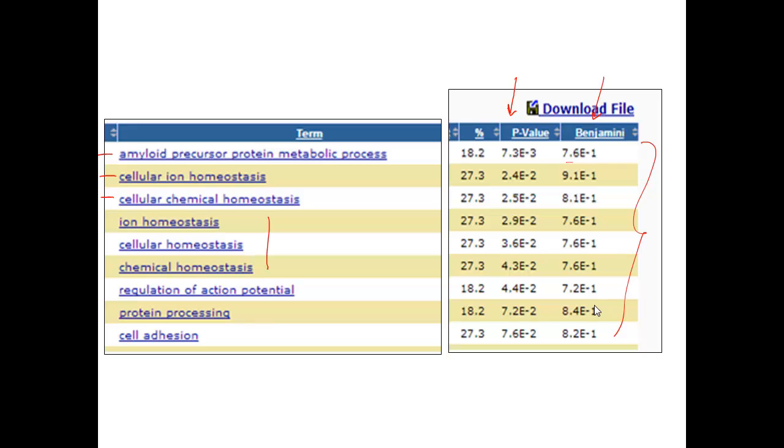Another way of saying that is if I pick any 11 genes randomly out of the 24,000 in the human genome, I might find just as many playing roles in amyloid precursor protein metabolic processes or cellular ion homeostasis as the list which I've submitted for analysis. Anyway, that concludes our brief look into the analysis of gene expression data. Thank you for listening.